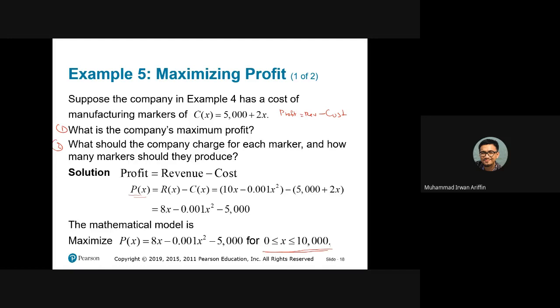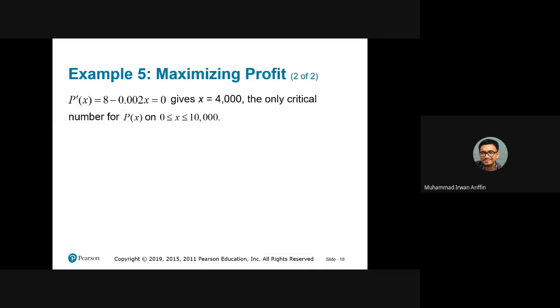So based on this, now let's try to find the critical number. Step number one done. Step number two would be to find the critical number. If you remember, the profit function from the previous slide is 8x minus 0.001x squared minus 5,000.